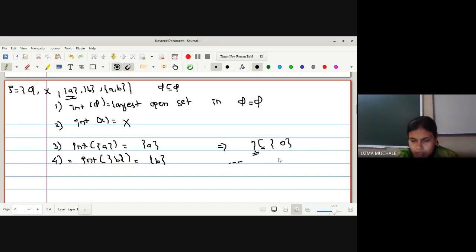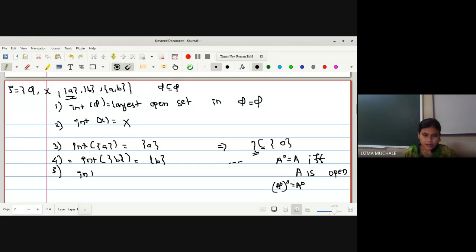Or you can write the reason: A interior is equal to A if and only if A is an open set. Since A interior is the largest open set, before being the largest, it is first an open set. So whatever the properties of an open set, they will be applied automatically.